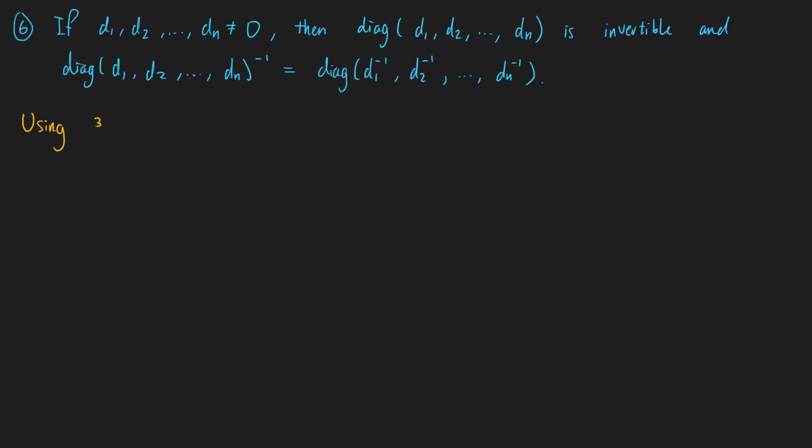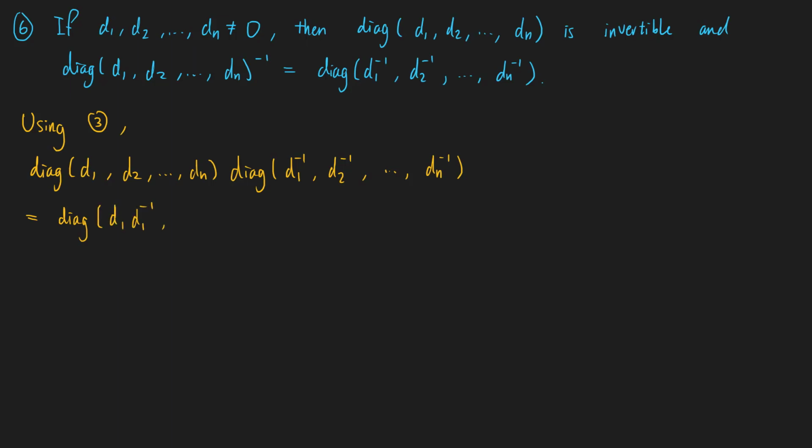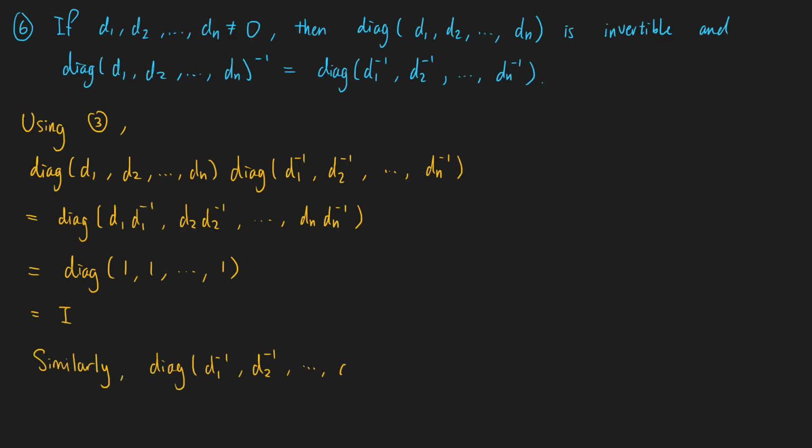Using the third property, the diagonal matrix d1, d2 up to dn times the diagonal matrix d1 to the negative 1, d2 to the negative 1, up to dn to the negative 1 equals the diagonal matrix d1 times d1 to the negative 1, d2 times d2 to the negative 1, up to dn times dn to the negative 1. So we have the diagonal matrix with main diagonal entries all equal to 1, which is the identity matrix. Similarly, if we swap the order of the two diagonal matrices, we get again the identity matrix.